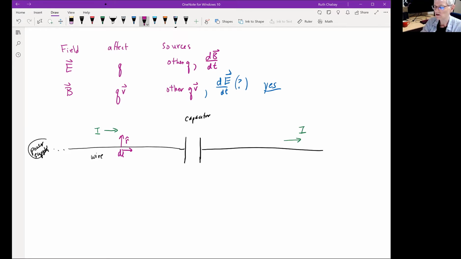At this location, dl cross r hat is out of the page, and we're talking about conventional current, positive charges. So we've got a magnetic field out of the page here.